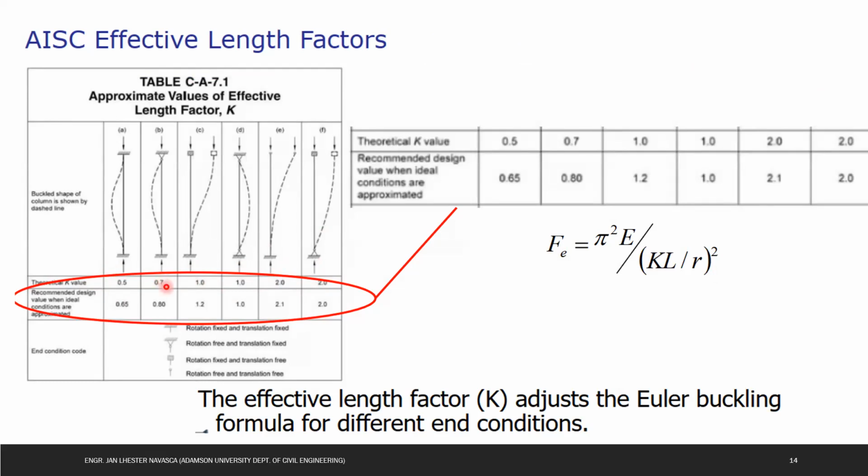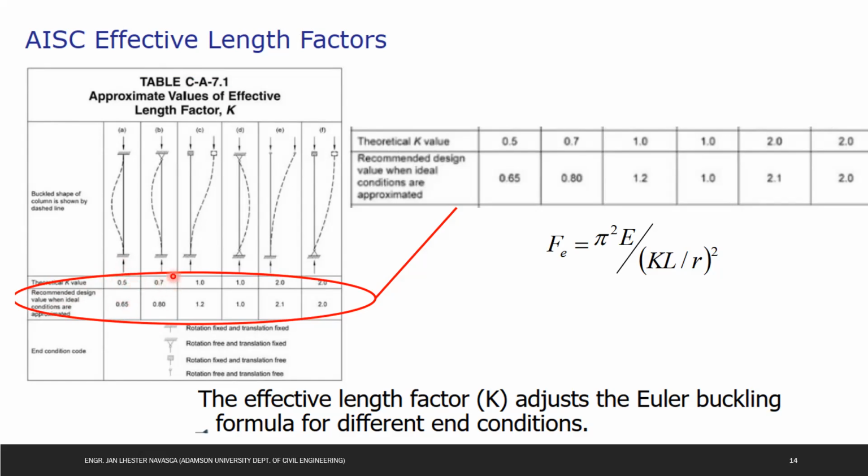However, they have this recommended design value since in construction, we cannot create a perfectly constructed structural element. So that is why they have this factor of value K. If both ends are fixed, our theoretical value of 0.5 will now be 0.65.